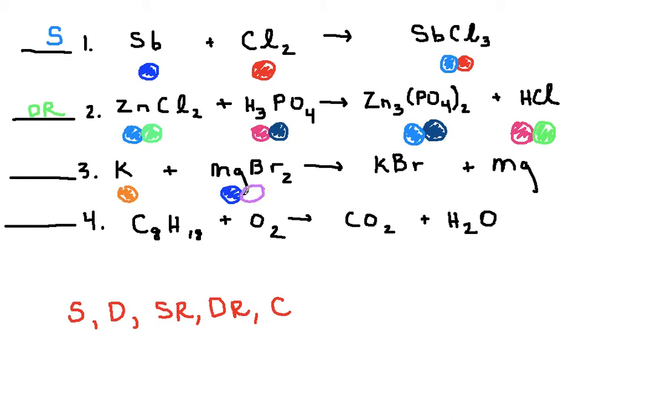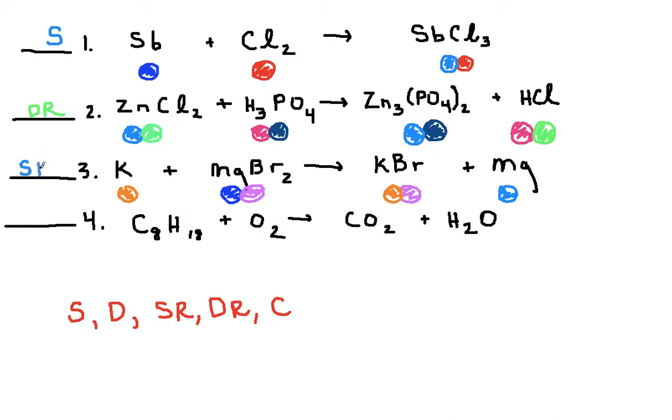And what happens in this type of reaction, if you notice, K is going to go in, and it is going to literally kick out the magnesium. So now K is going to be bound to Br. And then magnesium is going to be all by itself. So K went in, displaced magnesium. This is a single replacement reaction.